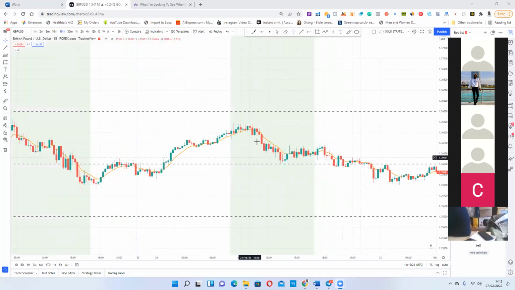So the point is, you must do a top-down analysis on Monday or even on Sunday night while you're preparing for your trade, like tonight. Some of you should have done it by now. I've already done my top-down analysis for the week. I already know where price is going for this week.